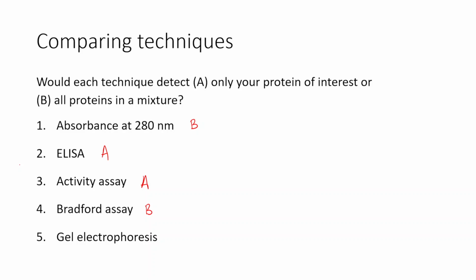Is it measuring all the proteins, or is it just looking for one specific protein? Yeah, so gel electrophoresis doesn't discriminate, right? You put proteins on a gel, it'll separate them all out so you can see how big they all are, but you're seeing all the proteins that are in your mixture.